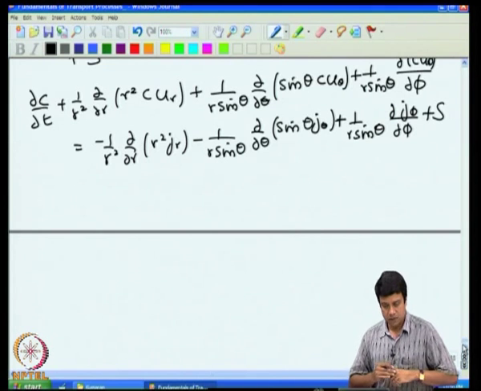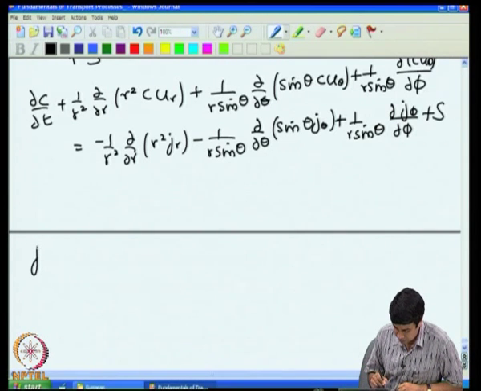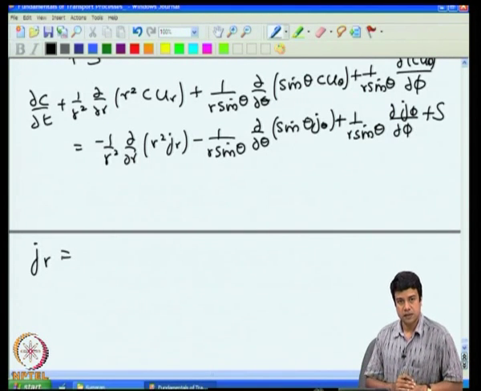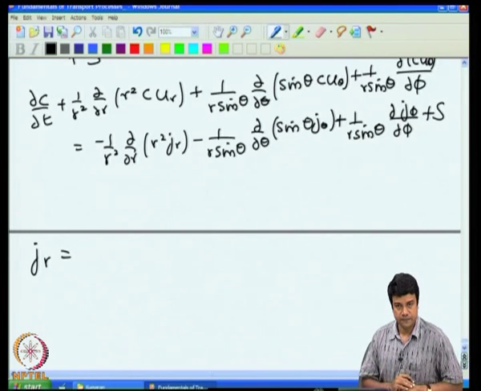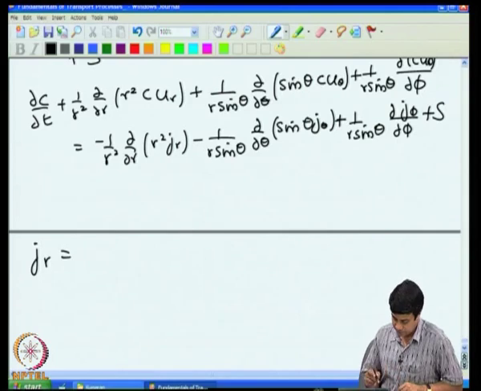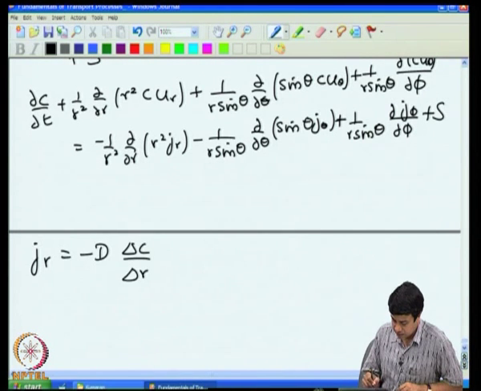So, what is the flux in the radial direction? J r is equal to, let us first write it in differential form, minus d times delta c by delta r.